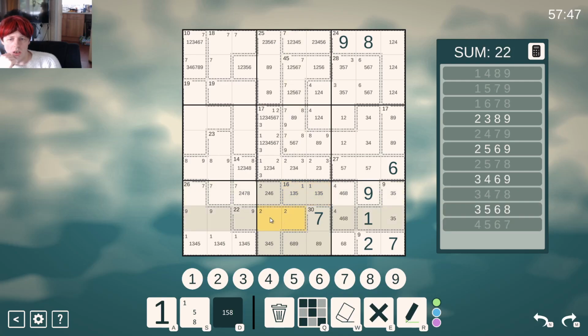So that cannot contain 1, 7 or 9. It's not much of a restriction, but it is worth notating, I think. We might find something out about that.